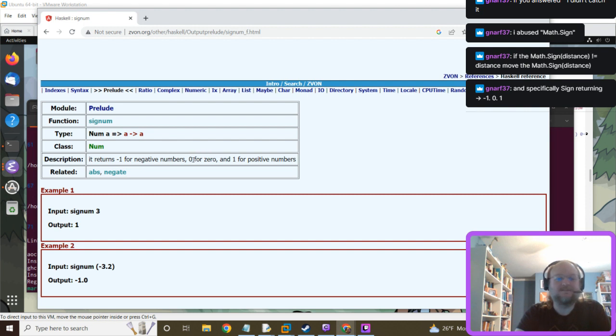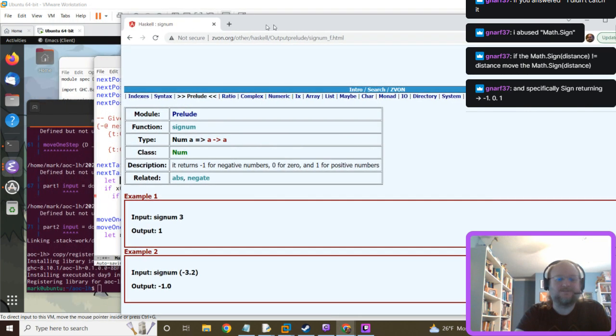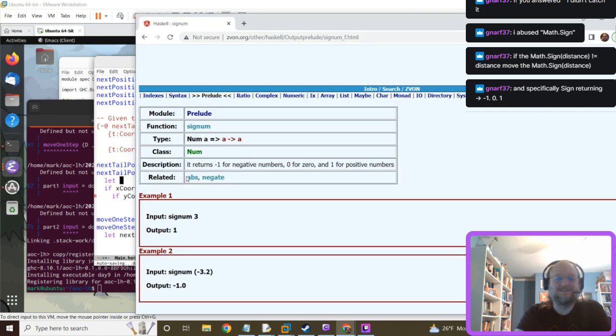Signum. How intuitive. Signature of a number, sign of a number, and they left out the extra n because that would be confusing.